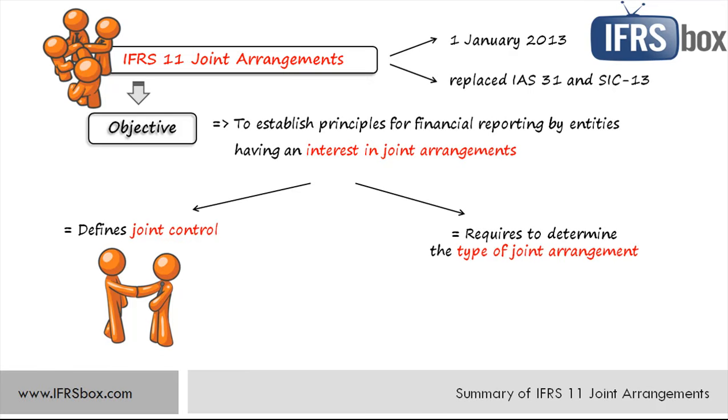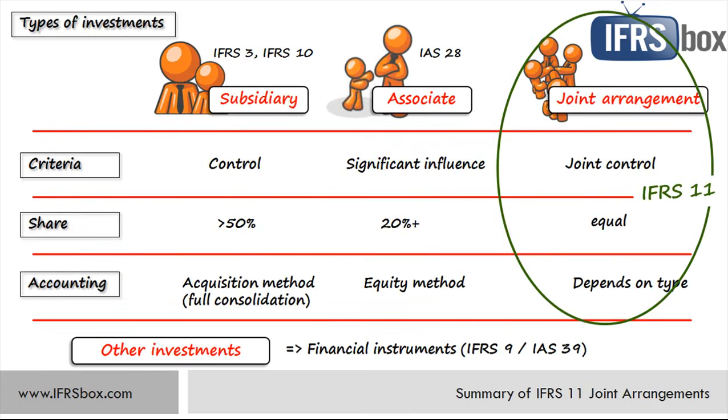And based on the type, IFRS 11 prescribes the accounting method for the entity's interest in the joint arrangement, okay? Well, we have just said that the presence of joint control is the basic criterion for a joint arrangement. Here the indicator is the equal share in the arrangement, but it's not necessarily the criterion.